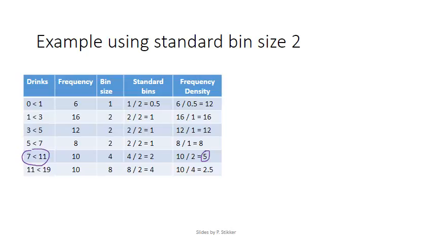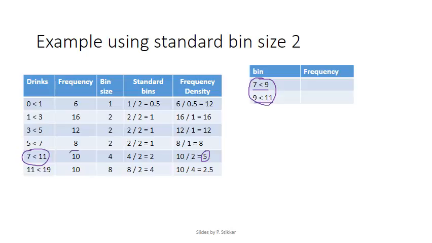If we have a look at this one, 7 to 11, with the normal frequency density that we've done in the past, we would split this up into groups of 7 but under 8, 8 till 9, 9 till 10, and then 10 till 11. And now we can do the same, but actually splitting them up in the standard bin size, which was 2. So 7 plus 2 equals 9, 9 plus 2 equals 11, and these two together are then the same as 7 but under 11.